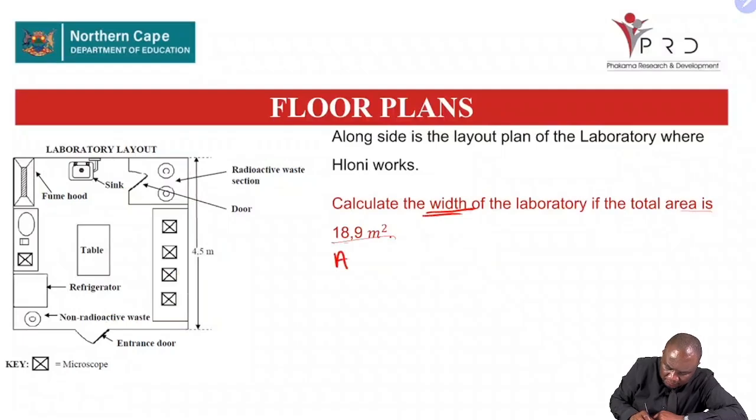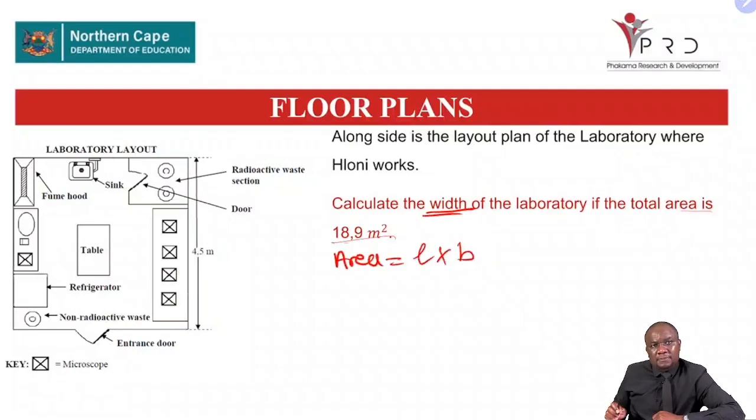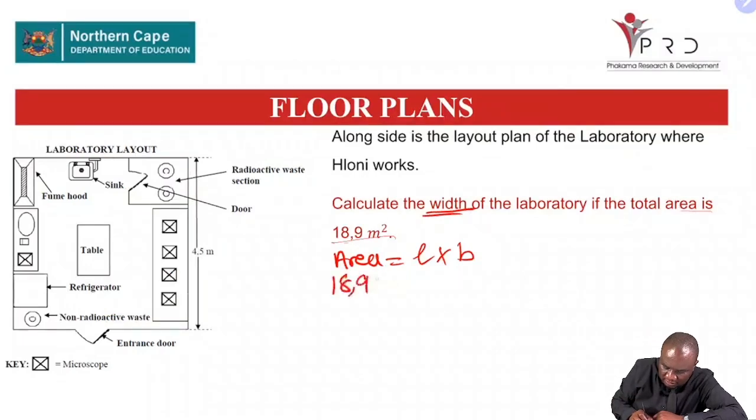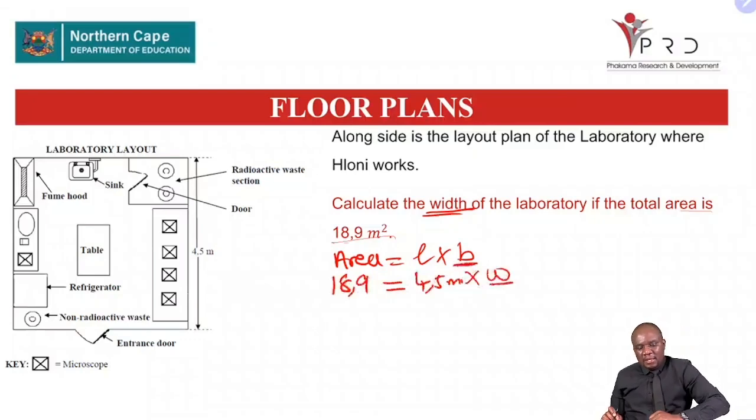So area is equal to length times breadth. We have the area 18.9 square meters equal to length, 4.5 meters, times the width, which is the breadth. Width and breadth mean the same thing.